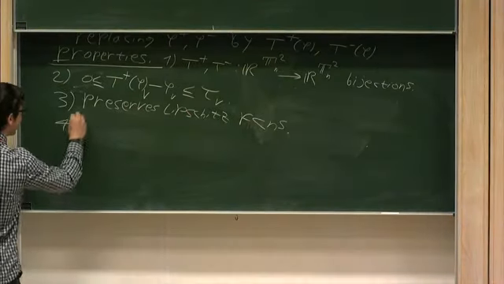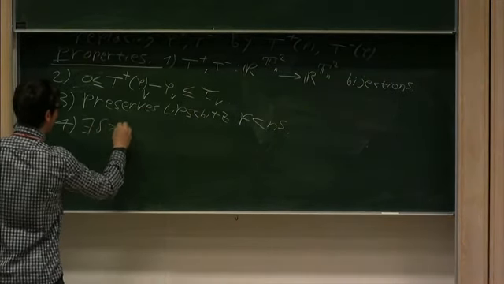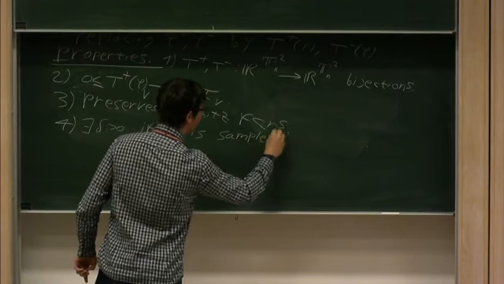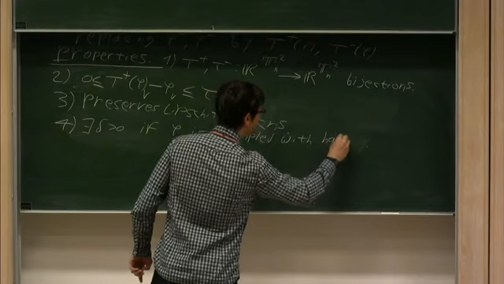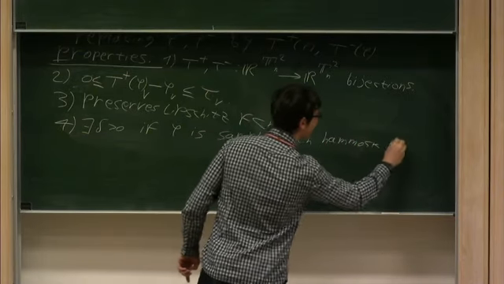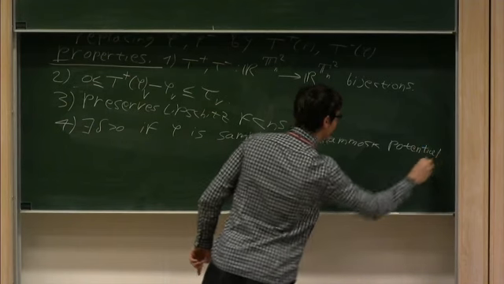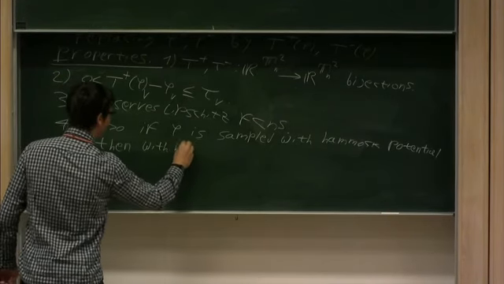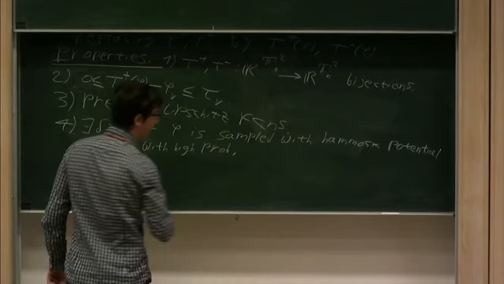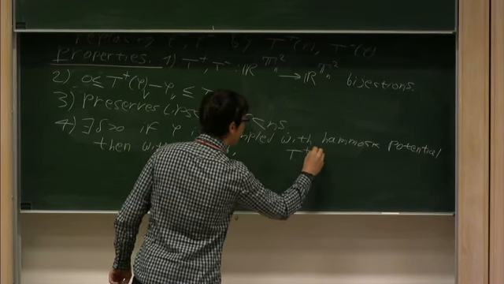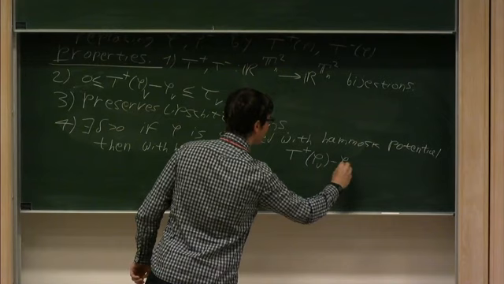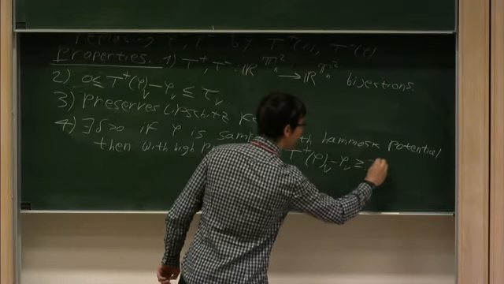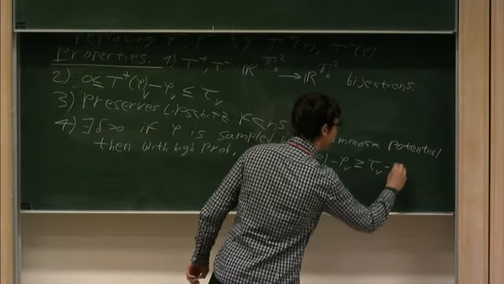Well, the next property is that there exists some delta bigger than 0, such that if phi is sampled with hammock potential, then with high probability, the change that you see in any particular vertex, t plus phi at v minus phi of v, is at least what you want to see, tau v minus delta.